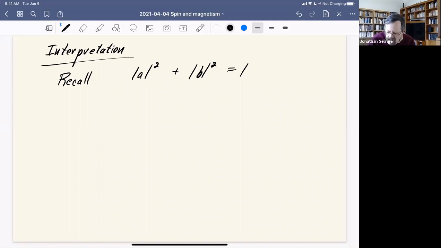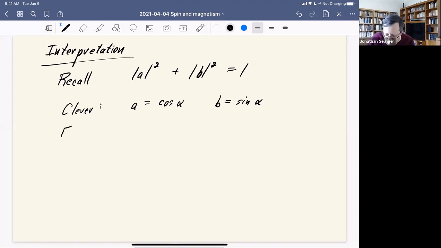There's one clever way to make an assumption that enforces this constraint. With any angle, the cosine squared plus the sine squared equals 1. So we could make A the cosine of an angle and B the sine of an angle.